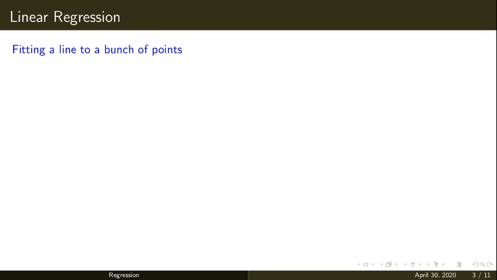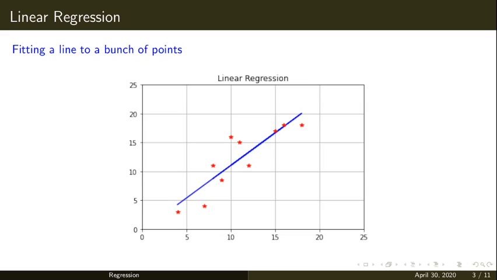So linear regression is nothing but the job of fitting a line onto a bunch of points. So see here, there are few red data points. You are supposed to come up with a regression line which almost passes through the middle of these points.